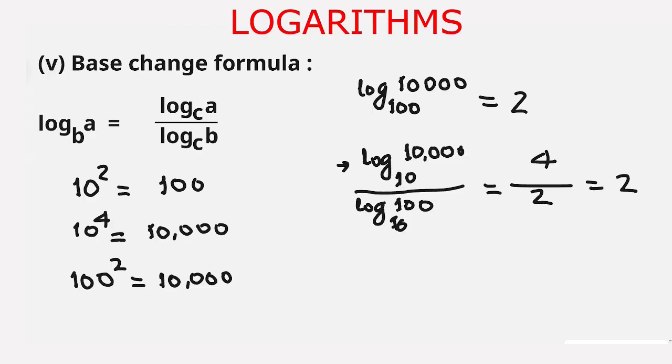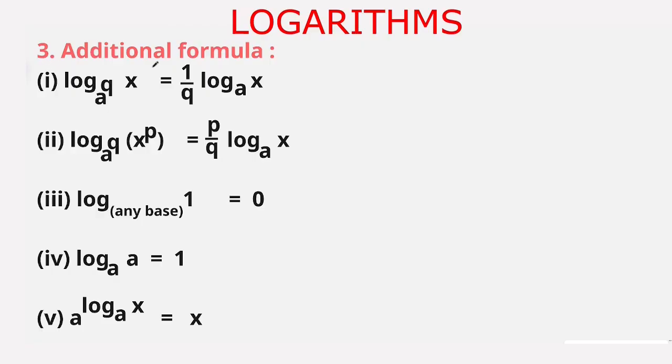We go to few useful additional formula. Point 3 additional formula. The first formula is log x base a to the power q equal to 1 upon q log x base a. The second formula is log x to the power p base a to the power q equal to p upon q log x base a.